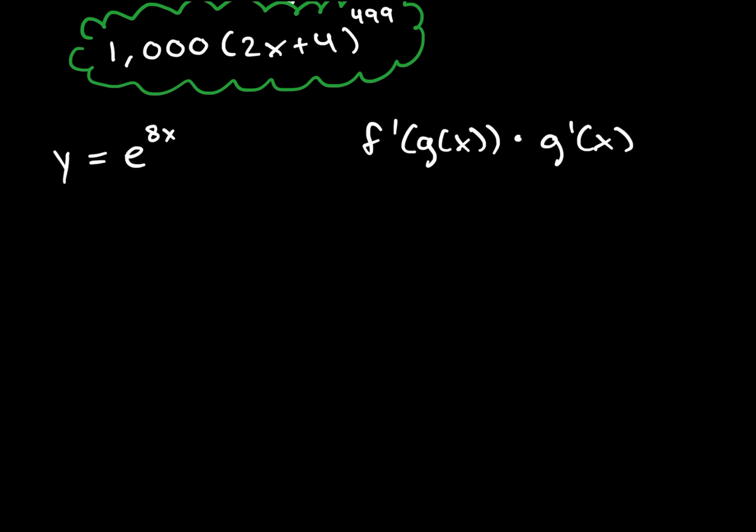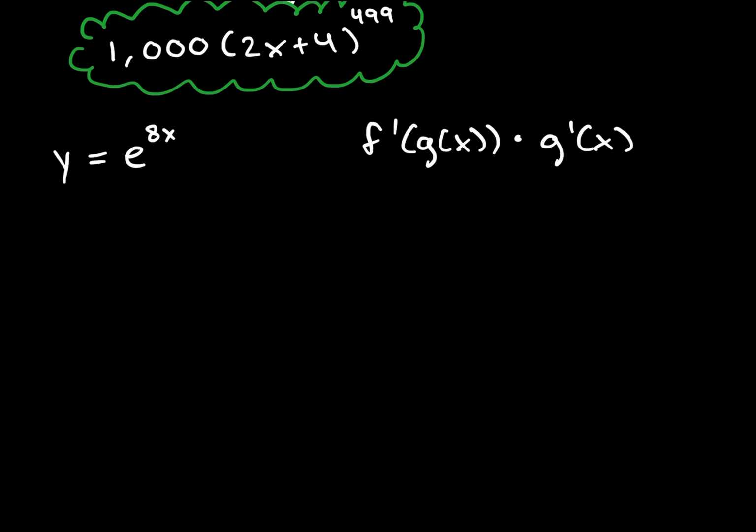So, let's begin with e to the 8x. What is the inside and the outside function of this problem? Well, the inside at first may seem like it's the e, since, in our last problem, our inside was what was inside of the parentheses below the exponent.